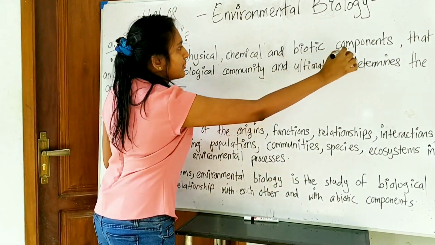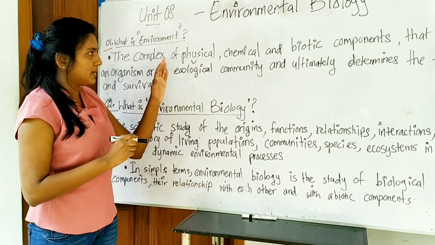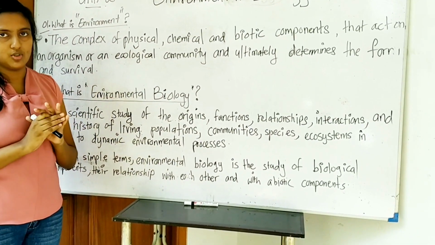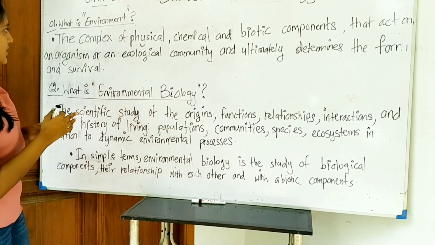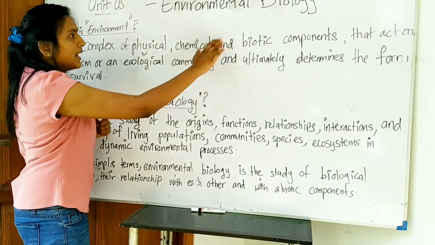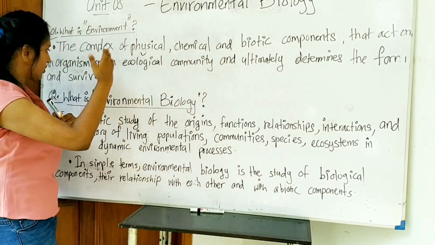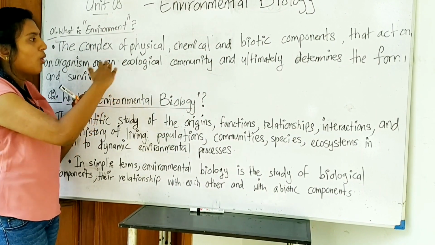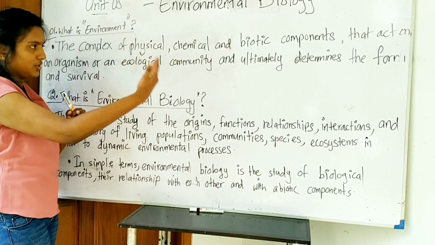Physical, chemical and biotic components are simply everything that surrounds the individual. So we can say that the environment is a complex of physical, chemical and biotic components that act on an organism or a whole ecological community of individuals.